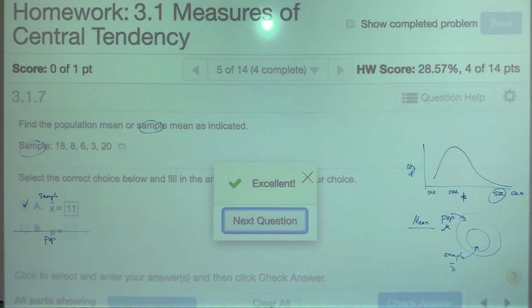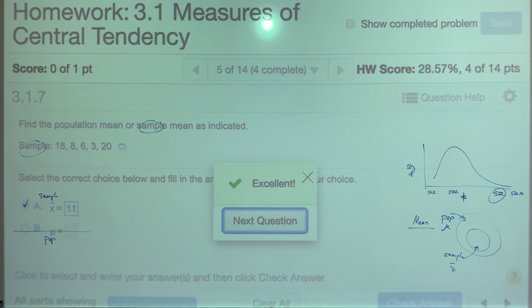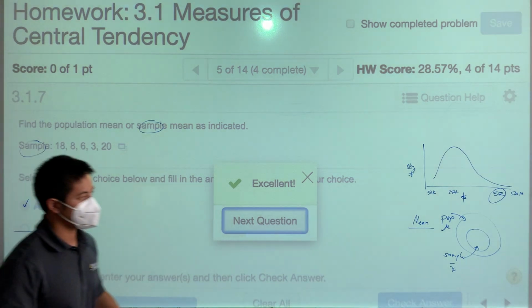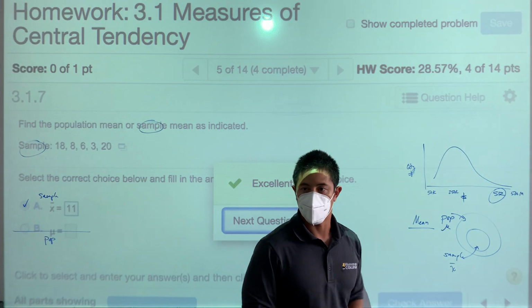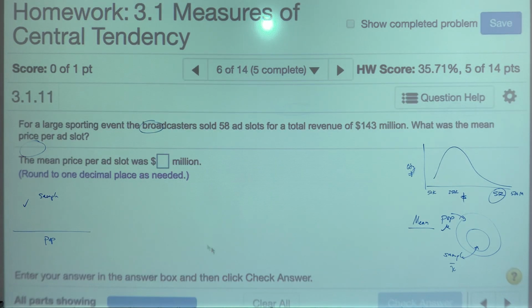So I added all these up and I divided by 5 and I got 11. If you put 11 here, it would be the mean, but you would be claiming that it was the mean of the population. You need to make sure you know the difference between the two. Everybody got that? Any questions about that at all? Okay. So there it is.